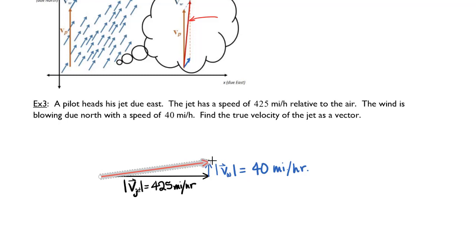So we are looking for this. If we wanted to find how long this vector is, we would take the v sub j vector and the v sub w vector and add them together.